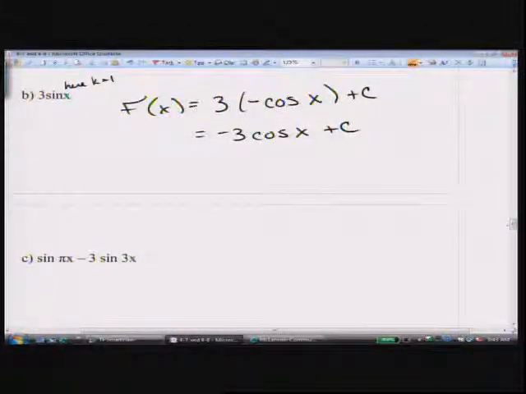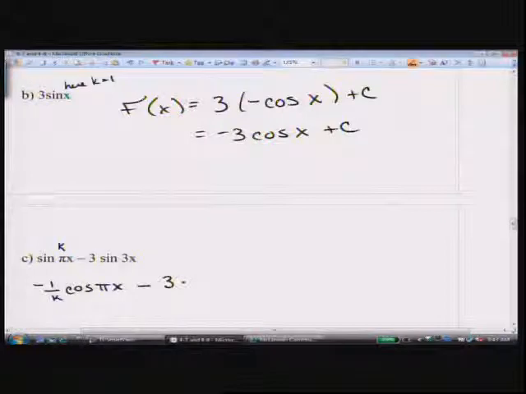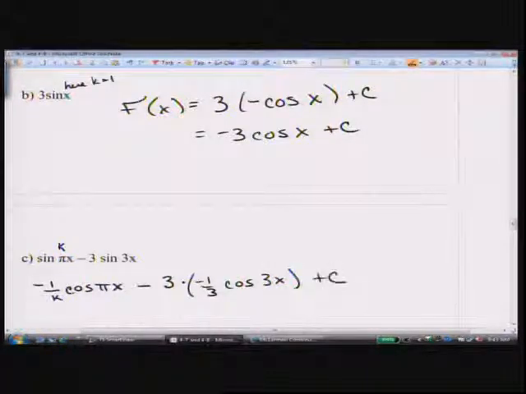Okay? And so now this one, this is my k. So this is going to be negative 1 over k cosine pi x, with the 3 tagging along times the k, which is 3 now. So this is negative 1 over 3 cosine 3x plus c.